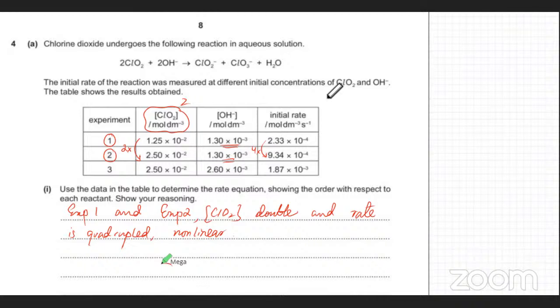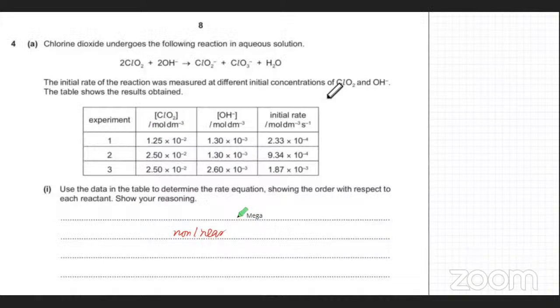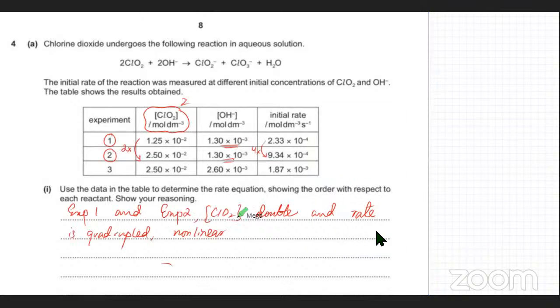I mean, you don't need to write a non-linear relationship, that is definitely not needed. You're just going to write order 2. That's it.